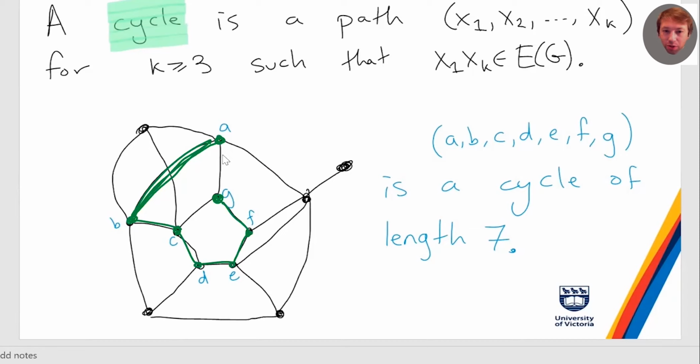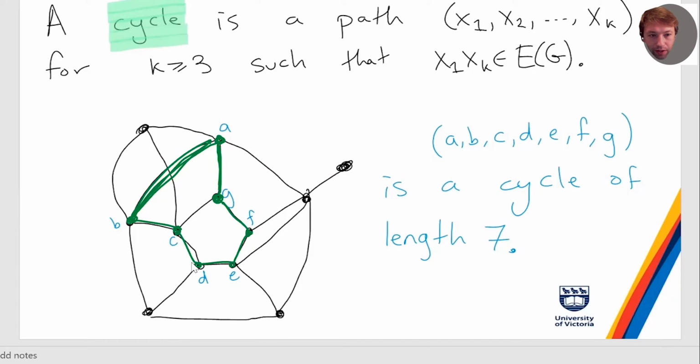If I think of this as a path, I don't color this last edge because I don't consider it part of the path. But in a cycle, we think of this last edge as being part of the cycle. So a cycle is literally a bunch of distinct vertices that form a cycle, like how you would think of it, with edges that go from one to the other all the way around.